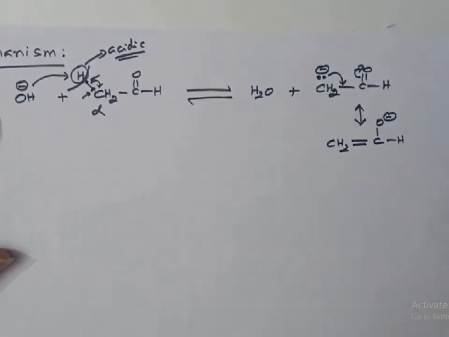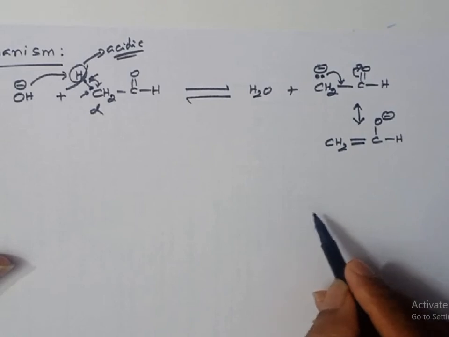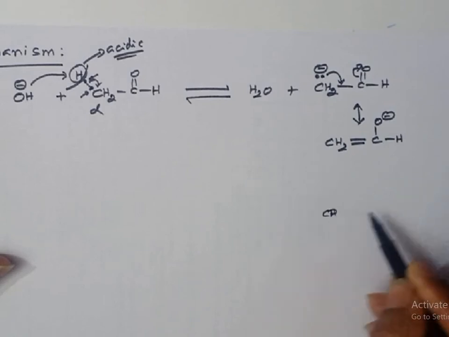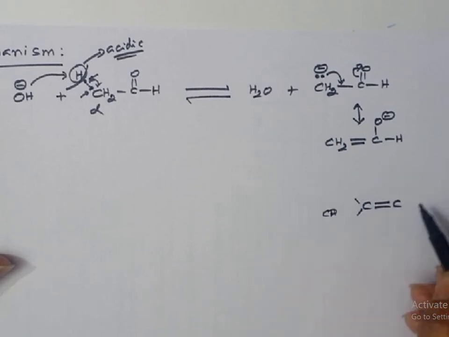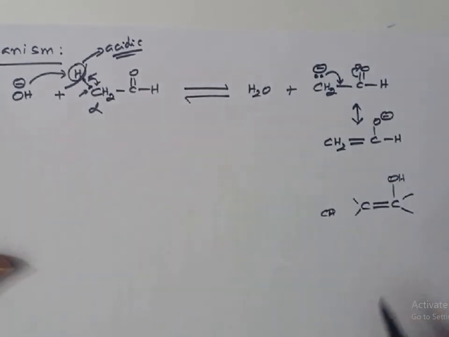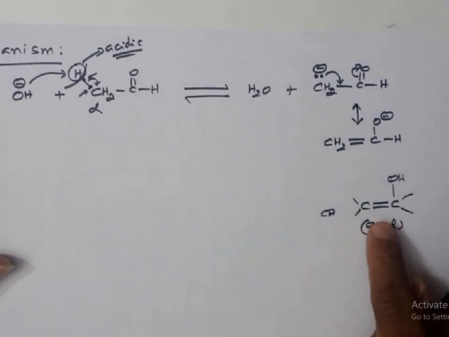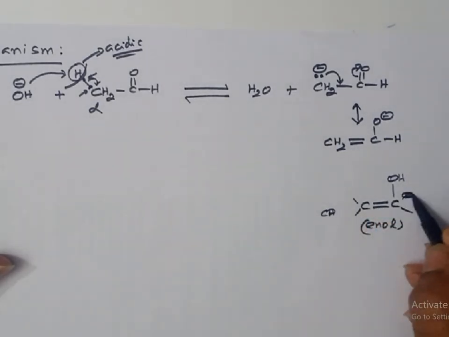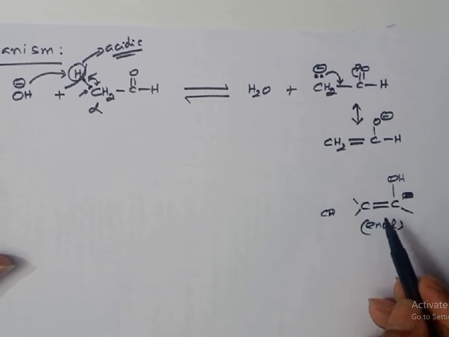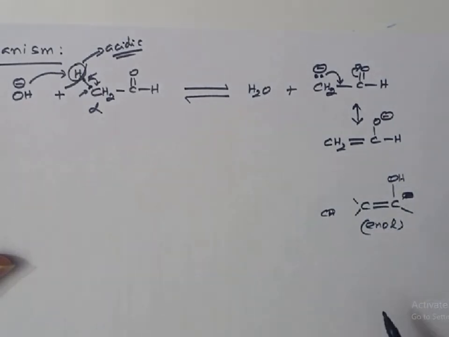Students, observe carefully. Listen, if you have a carbon-carbon double bond and an OH group attached to the doubly bonded carbon, we call this compound an enol.